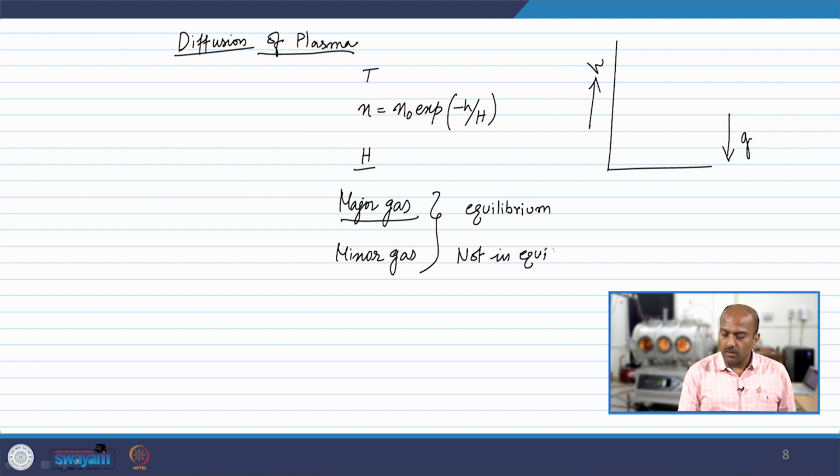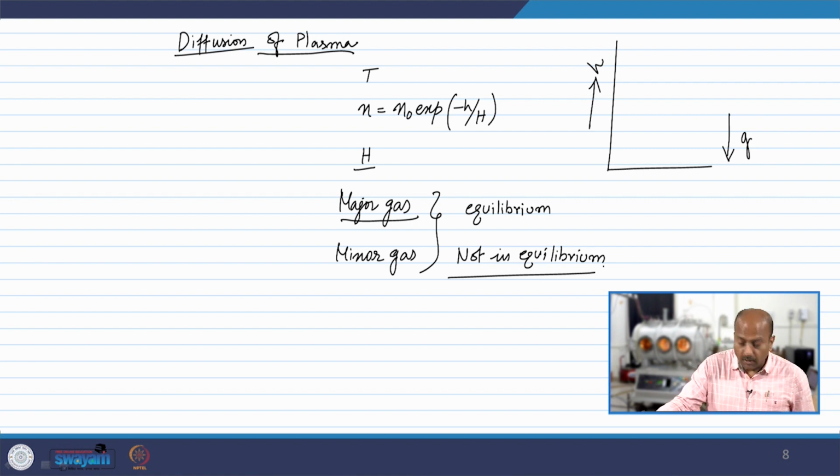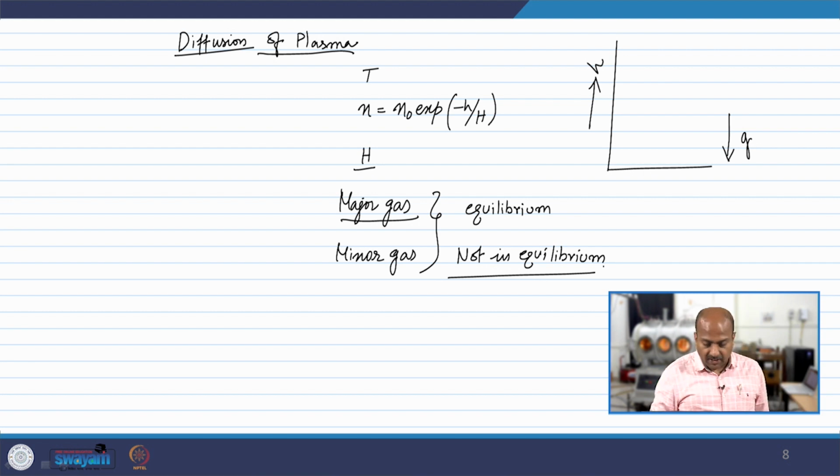Now, let us consider a situation when there is no gravitational field, okay, and the major gas is represented by J and the minor gas is represented by N.